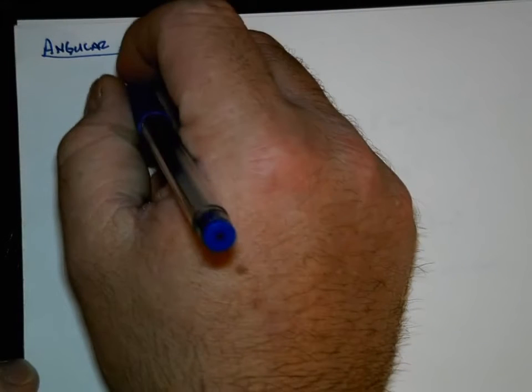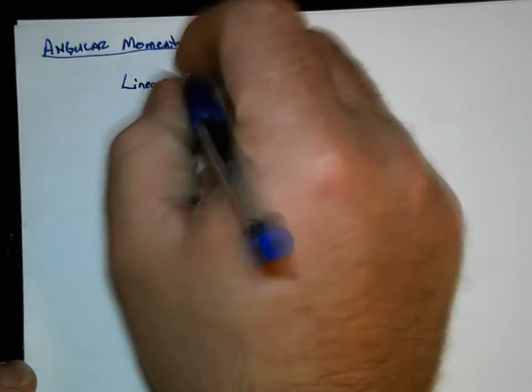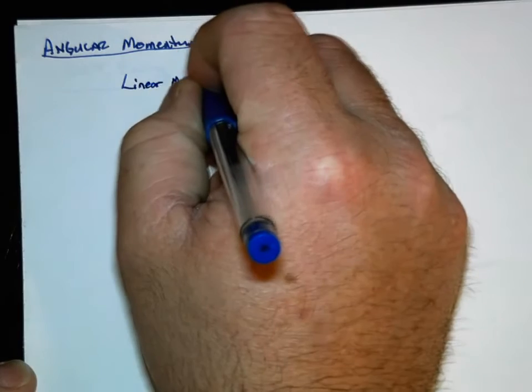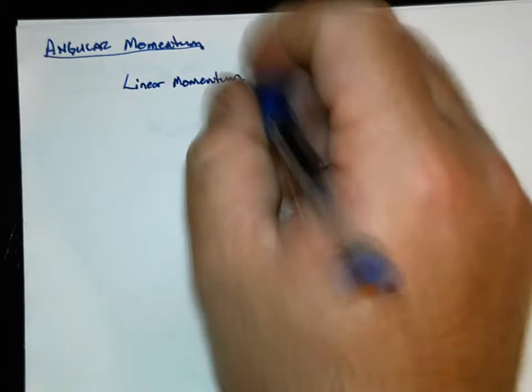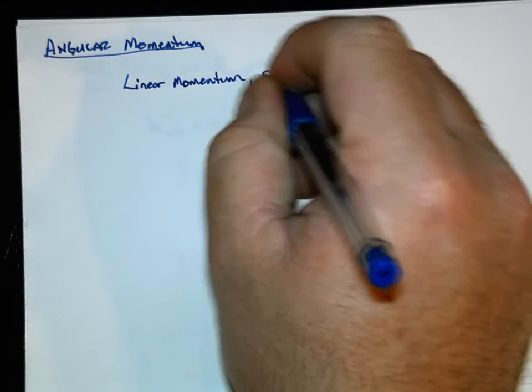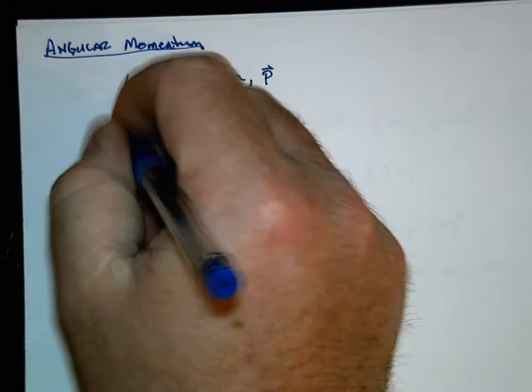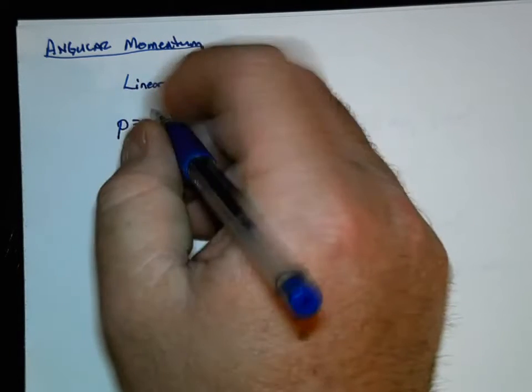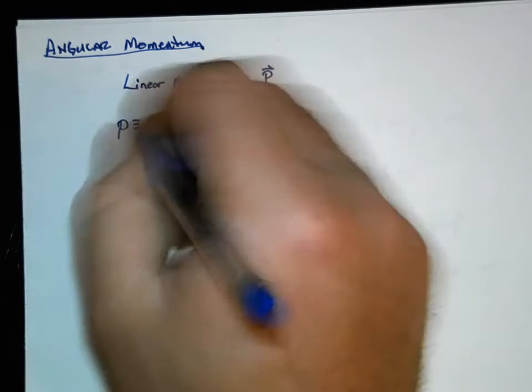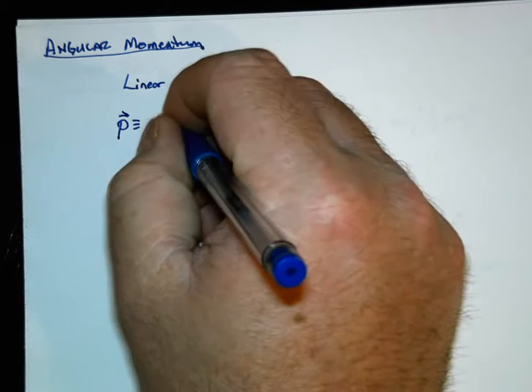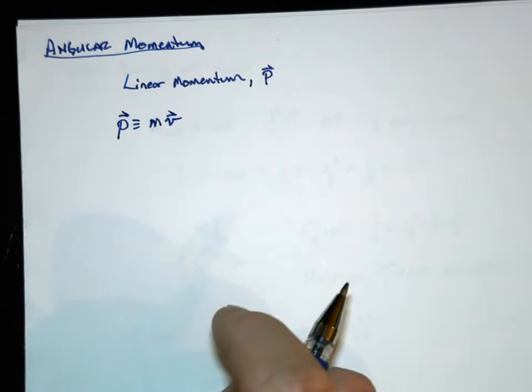So we have linear momentum, and we have given it the value p. It is defined, or Newton defined this momentum, as mass times our velocity vector.